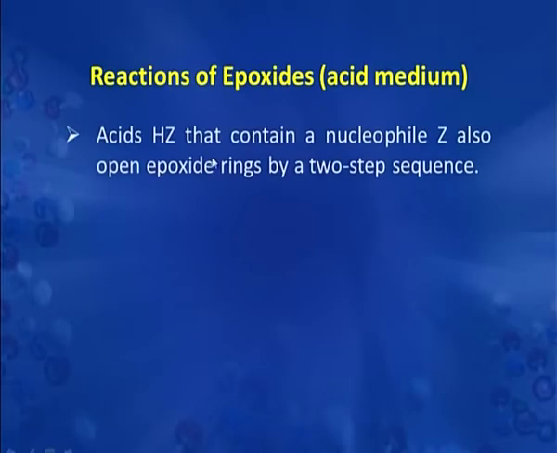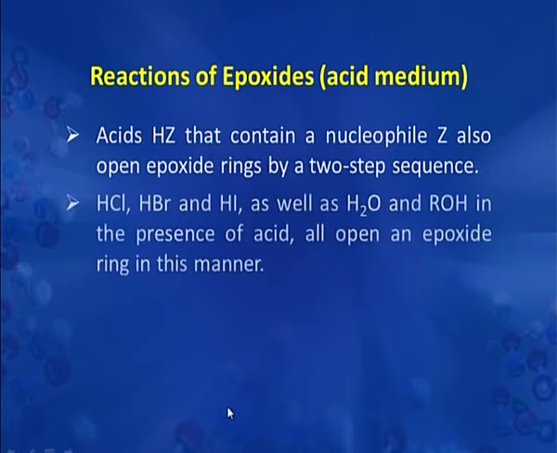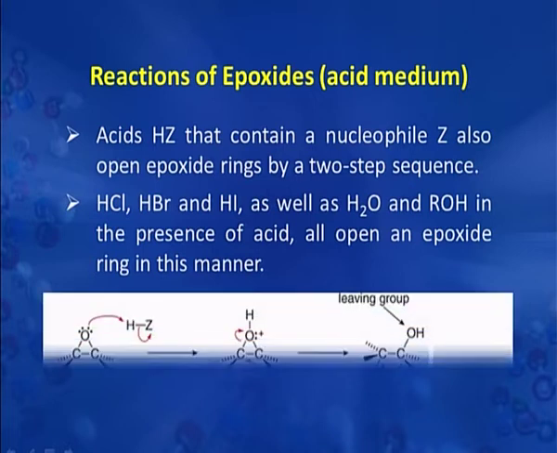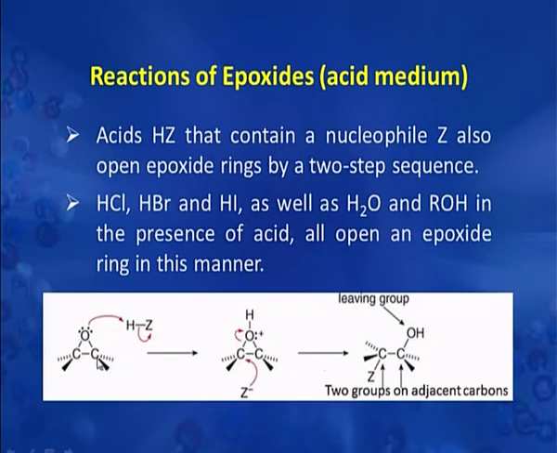Now we will discuss the reaction of epoxide in acid medium. Acids like HZ that contain a nucleophile Z also open the epoxide ring by a two-step sequence. Acids which can be used are either HCl, HBr or HI, as well as water or alcohol in acidic medium. Here this is an epoxide.